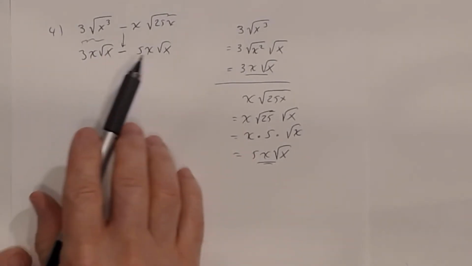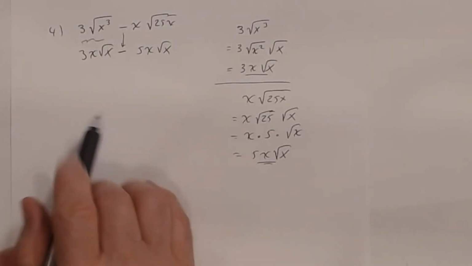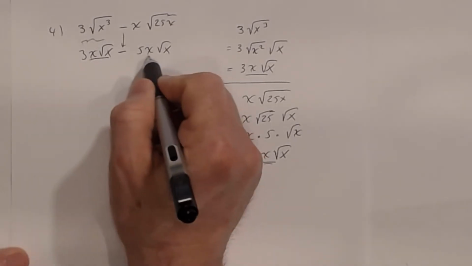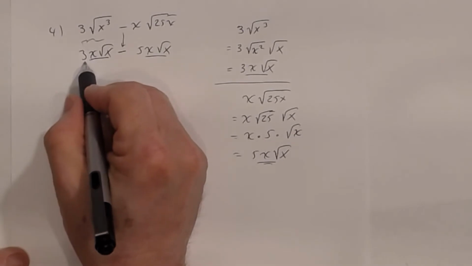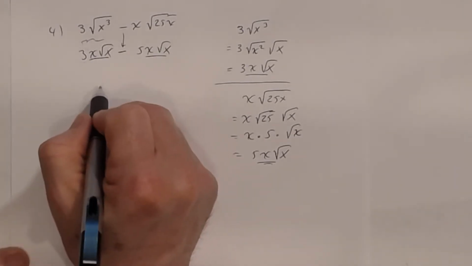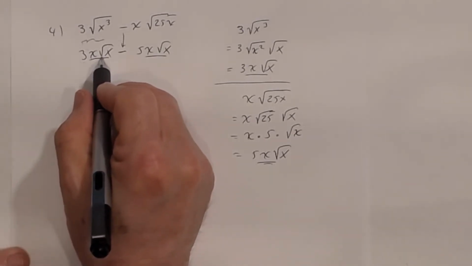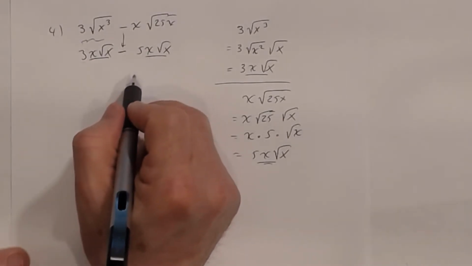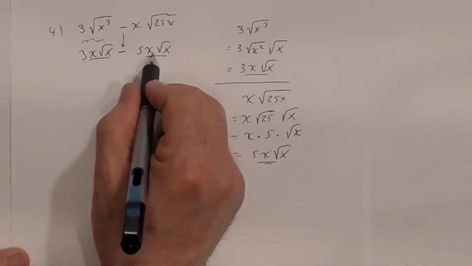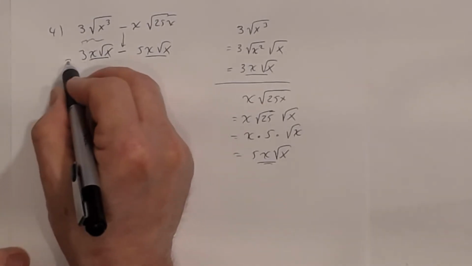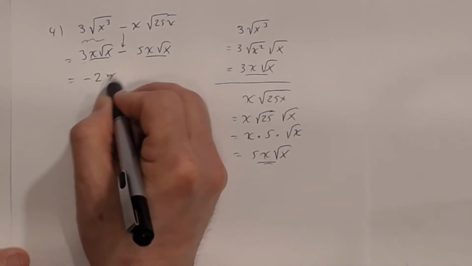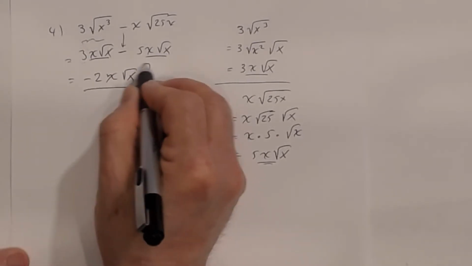Now look at this. Are those like terms? Yes, they are, right? This is x square root of x, and this is x square root of x. So now look at the coefficients. I have 3 here and a negative 5 here. So 3 of these and a negative 5 of the same expression, same radical, will give me negative 2x square root of x.